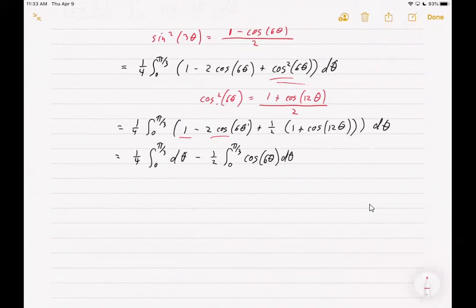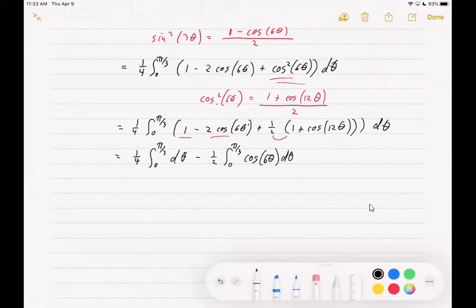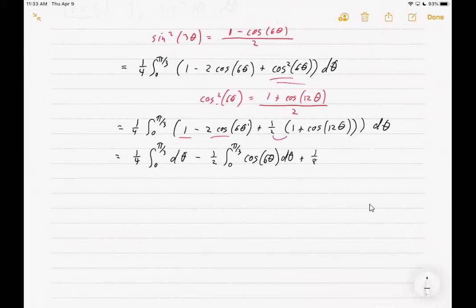All right, and then if I distribute the 1/2 times 1, we'll have 1/4 of that, so that'll be plus 1/8 of the integral 0 to pi over 3 of d theta.